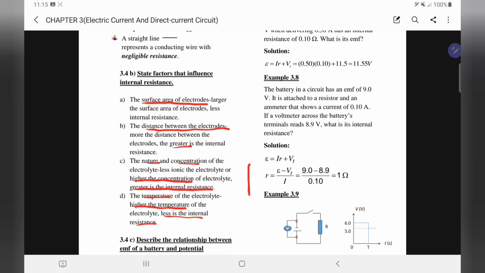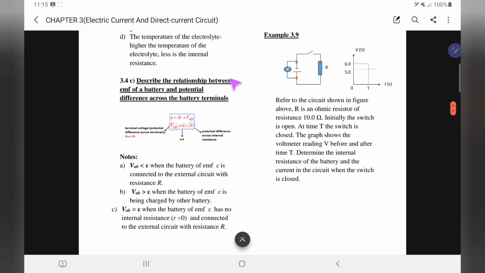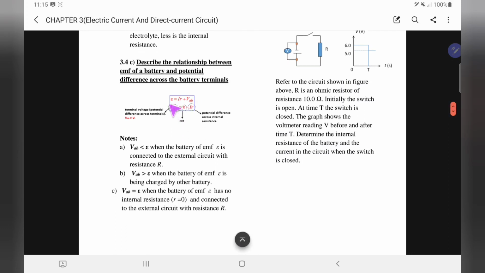Describe the relationship between EMF of a battery and the potential difference across the battery terminals. As I told you before, remember, EMF minus the potential drop by the internal resistance gives you the terminal voltage, isn't it?